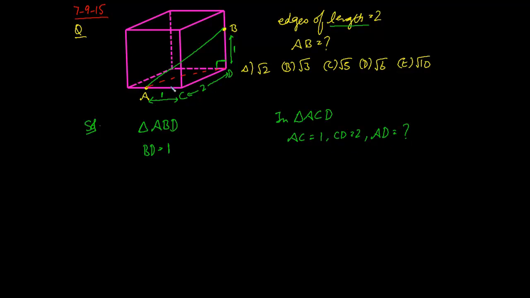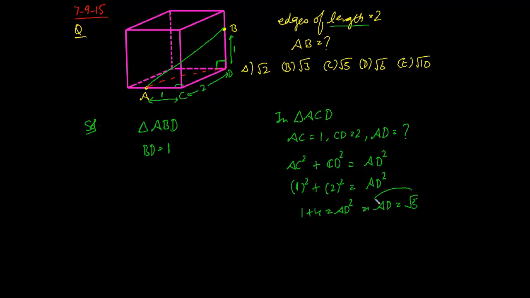Again this is a right angle triangle, so if we use the Pythagoras theorem here, AC squared plus CD squared would be equal to AD squared. AC is given as 1, so it is 1 squared plus CD is 2 squared is equal to AD squared, which becomes 1 plus 4 equals AD squared, or we get AD equals root 5.